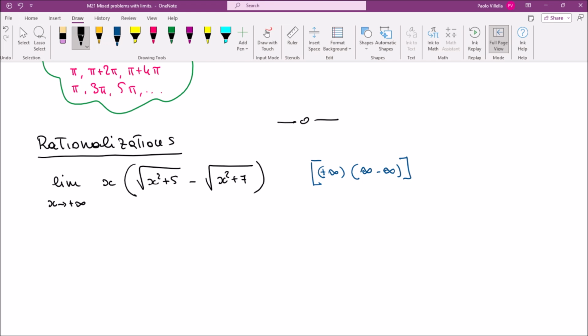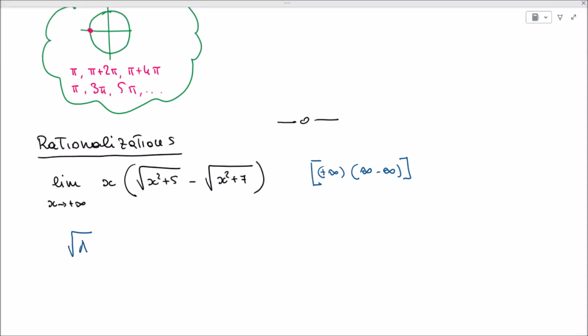And if we just rewrite in general, so this is now a general consideration, if we have the square root of a minus the square root of b, and we want to rationalize this, well, we can just rewrite this as the square root of a minus the square root of b times a fraction, and we'll put square root of a plus square root of b divided by square root of a plus square root of b.